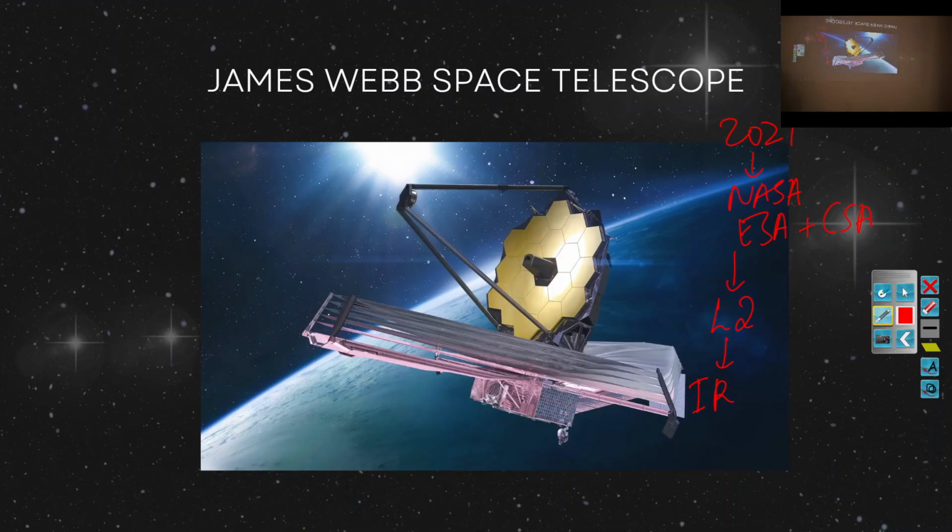So where it is placed, what it is going to study, and who has launched that spacecraft or satellite, you should note. So these 3 points, keep in mind when you read current affairs.